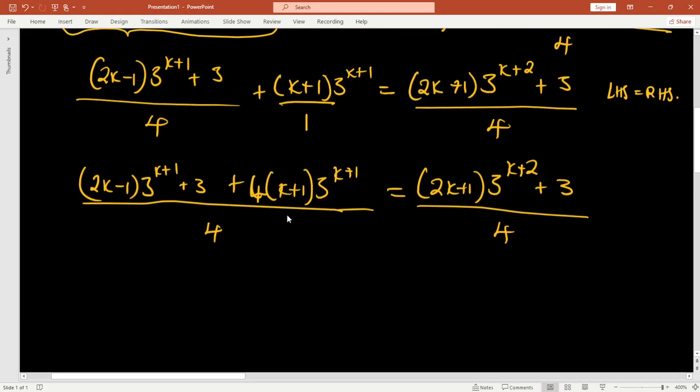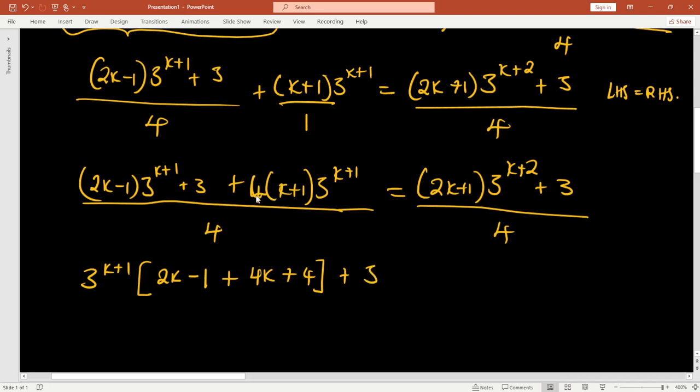Now here you notice that these two terms have 3 to the power k + 1, 3 to the power k + 1. So if we factor it out, we get 3^(k+1), and in the brackets we're going to have 2k − 1 plus 4k + 4, plus a 3 this side here.